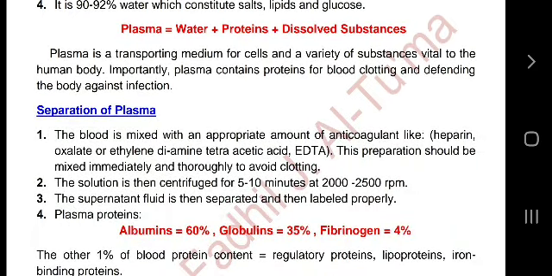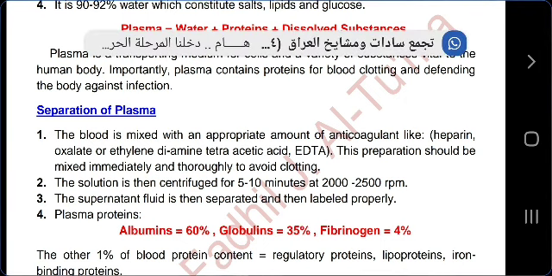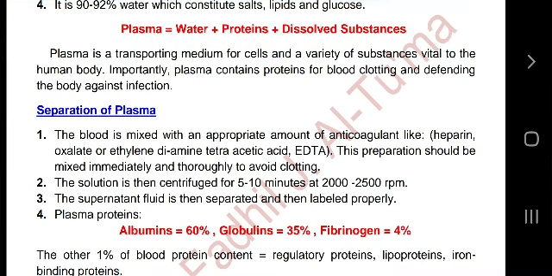Plasma is separated from the other blood constituent by centrifugation by using various types of anticoagulant like heparin, sodium oxalate or potassium oxalate, or ethylene diamine tetraacetic acid or EDTA. هاي نسميها anticoagulant تضاف على التيوب وتمنع حدوث التخثر، وبعد ذلك ممكن أن نستخلص أو نفصل the plasma from the tube.